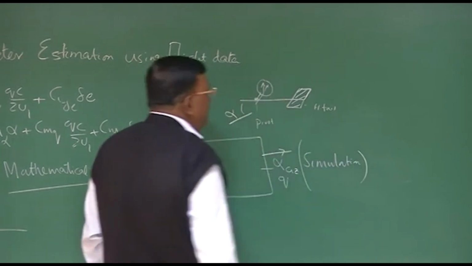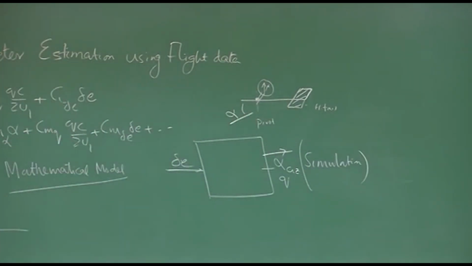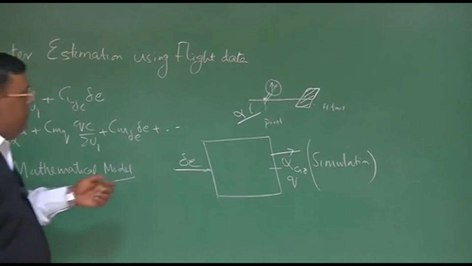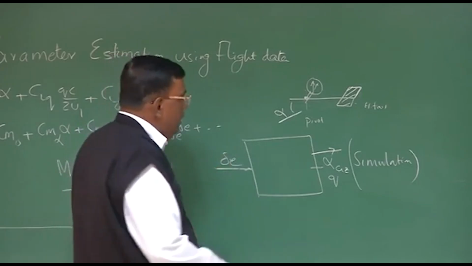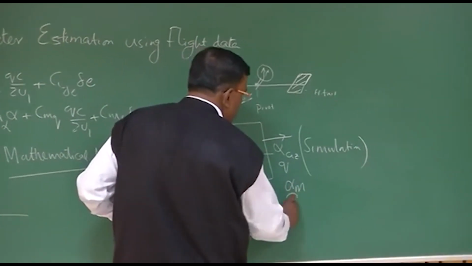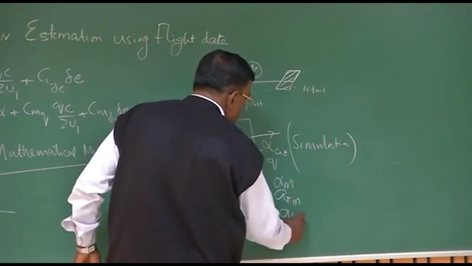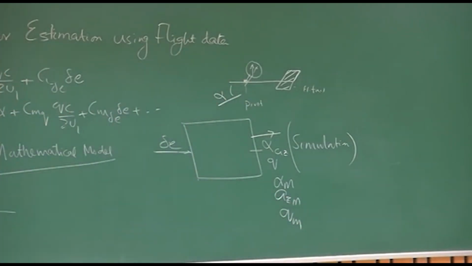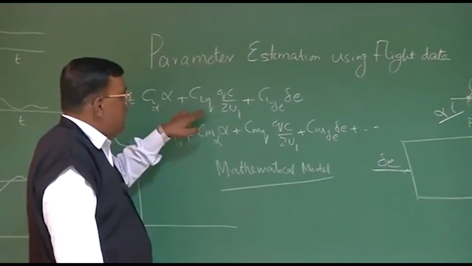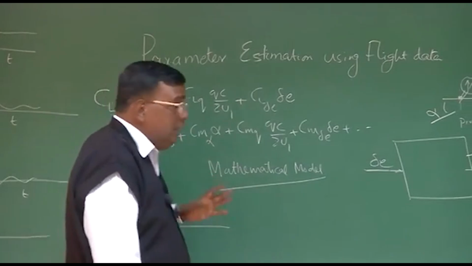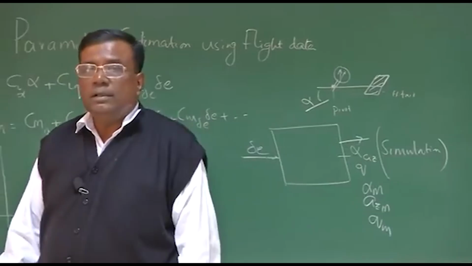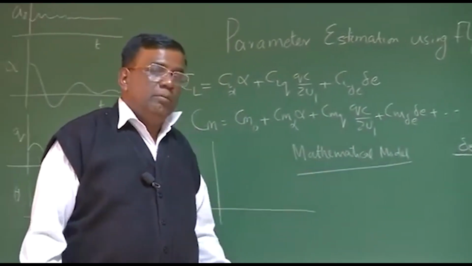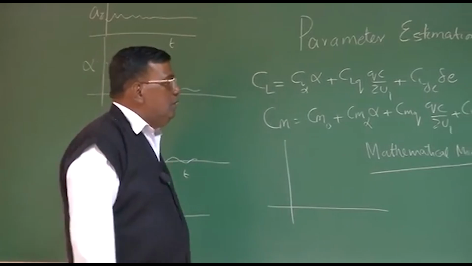Theoretical. Now actually, what you do in flight testing is, you give this delta input to the elevator while flying the airplane, and you measure alpha, the acceleration, and Q. You actually measure them. Then, if your model was correct, and your initial guess parameters were correct, then this and this should match, and there should not be any error. But you know that the mathematical model is not perfect, nor are your measurements perfect.